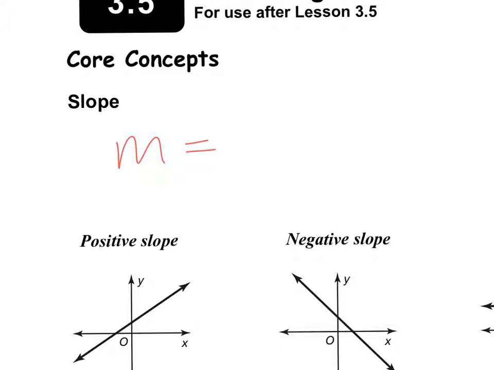We're going to do the change in y. So y minus y over the change in x. So x minus x.